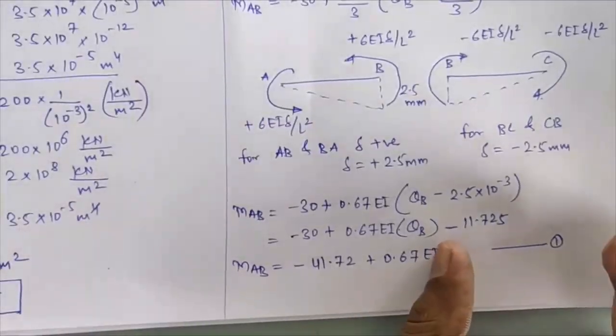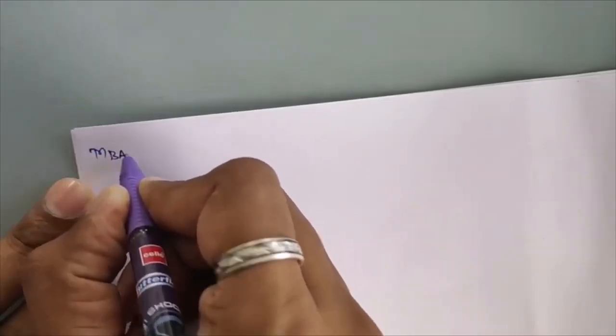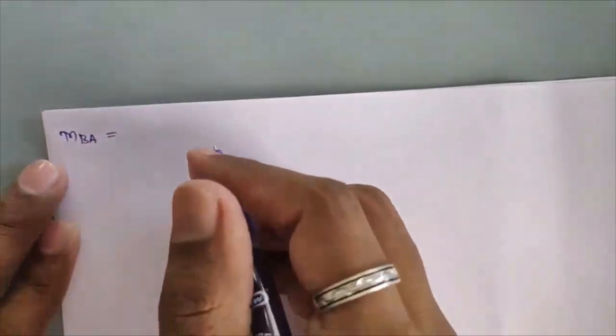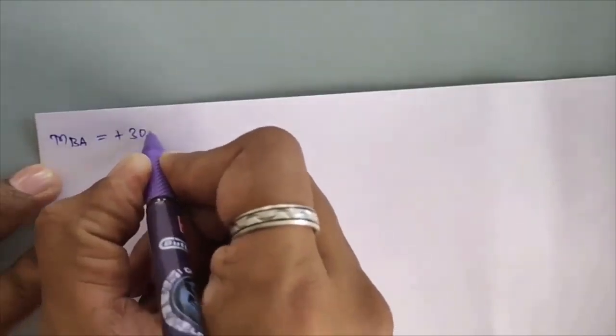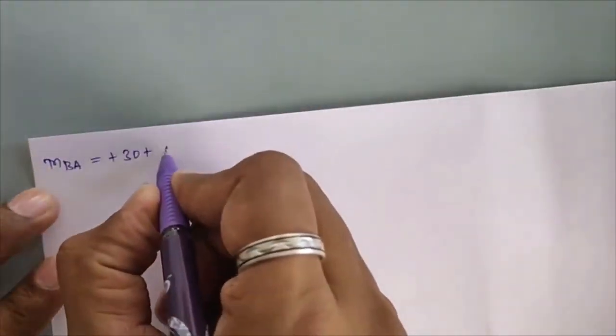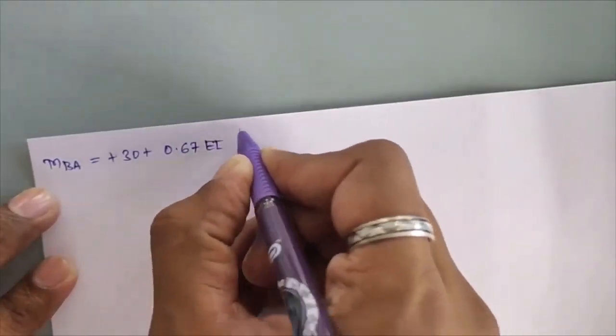Okay, now in the same way we'll see the next equation, that is the equation for MBA. MBA is equal to MFBA, that we have calculated as plus 30, so plus 30 plus 2 EI upon L, that I'll get as 0.67 EI into bracket.